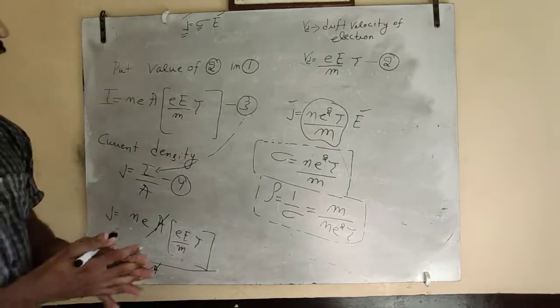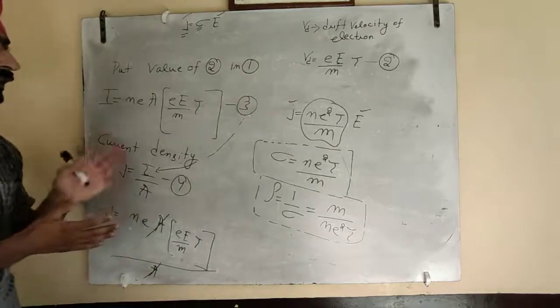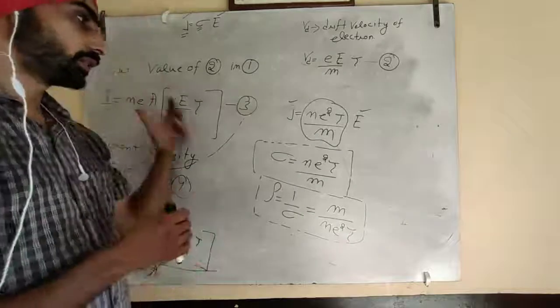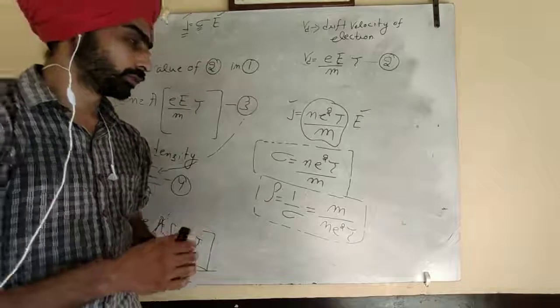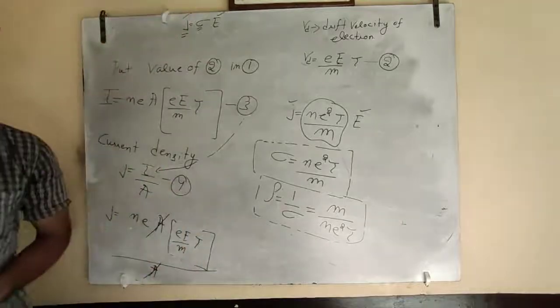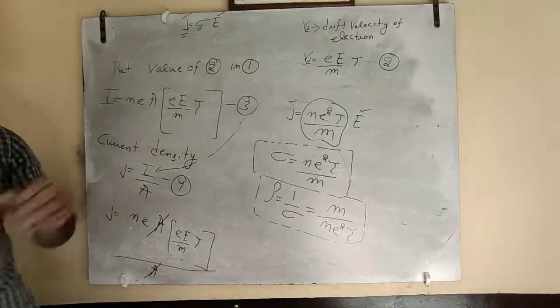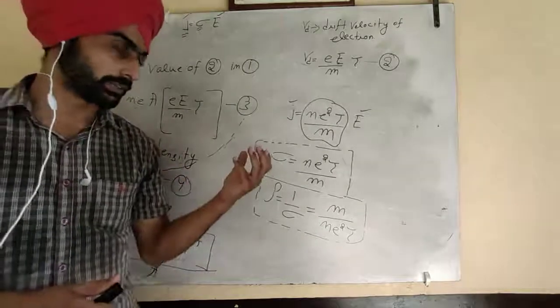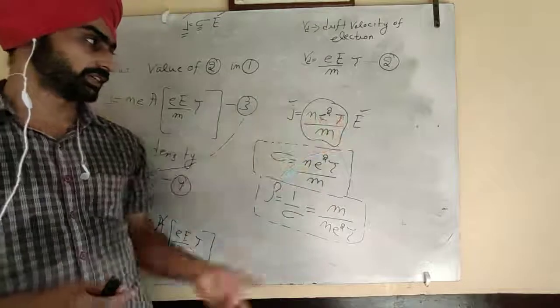Okay, so this is what we have done. We have found out the value of this conductivity. This is also given in the NCERT, so we have to do this. So how did we start? We started from the equivalent form of Ohm's law, J = sigma E. Then we found the current, then we substituted the value of drift velocity in current.